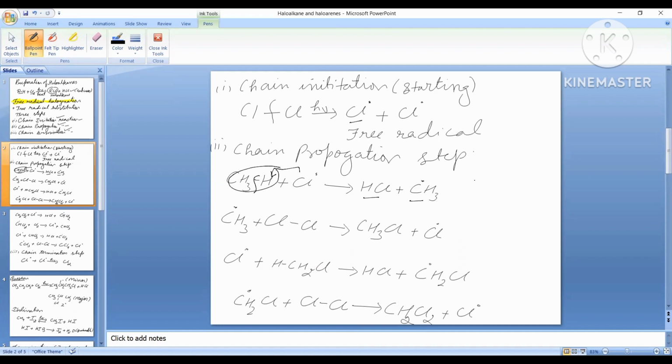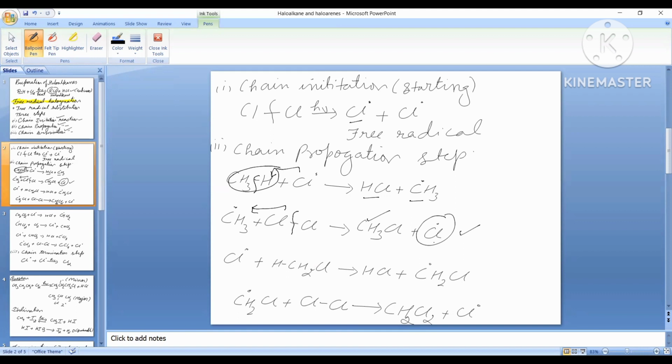You have to remember that if the free radical is on the carbon, then Cl2 will be attacked. This bond will be broken, CH3 will attach to one Cl to form CH3Cl, and again a free radical will form.